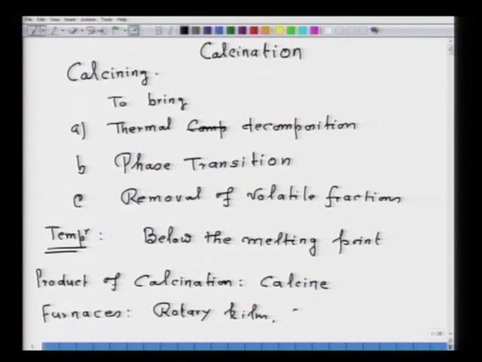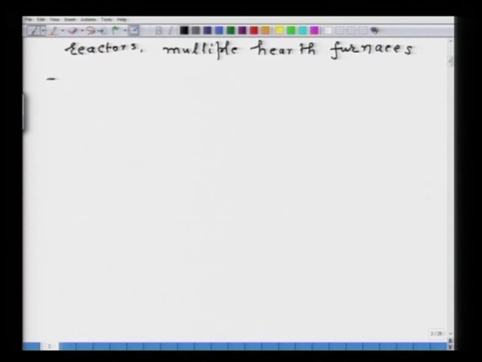Then fluidized bed reactors, multiple hearth furnaces, and the fuel, or let me put another, you can put source of energy.